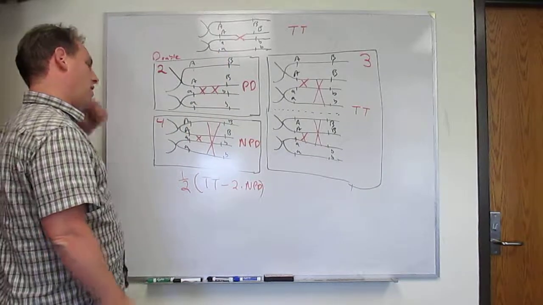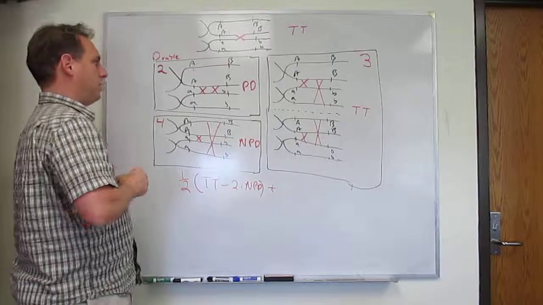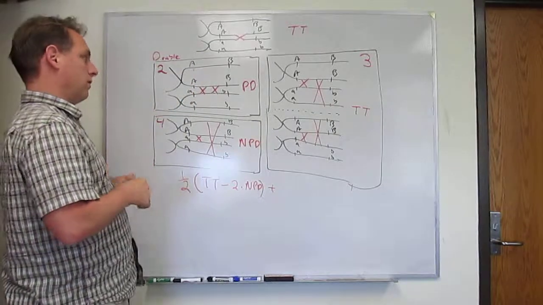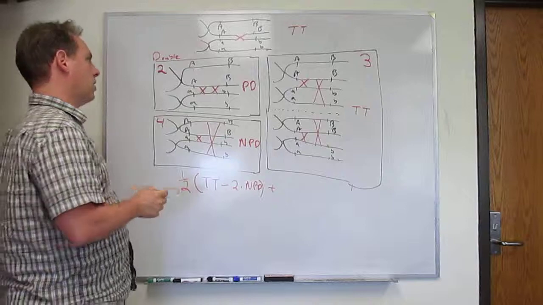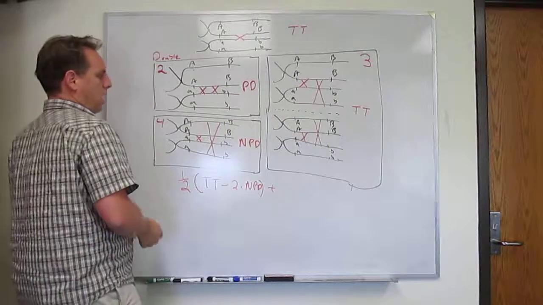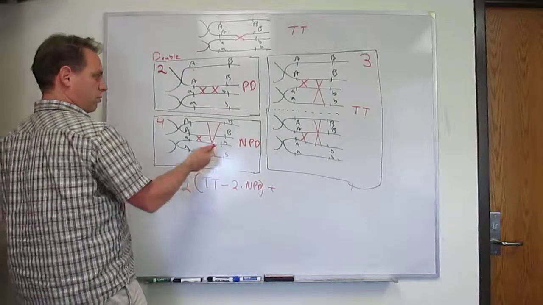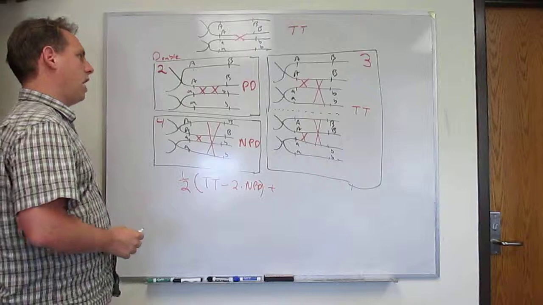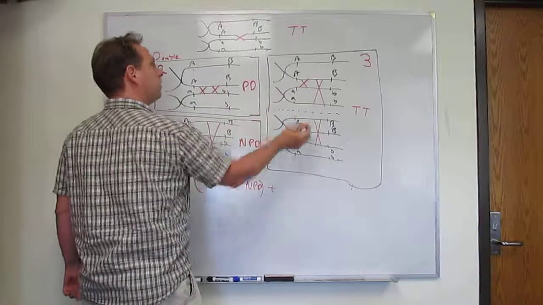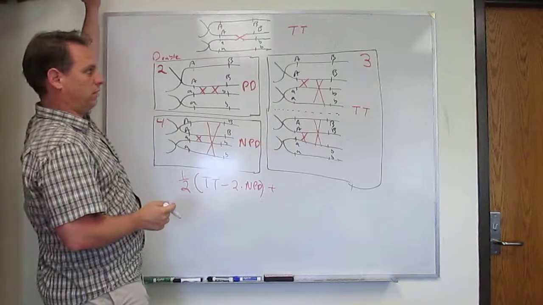Right? And then we can add up another class, which is basically all of the doubles. All right, and so you can see here that doubles arise this way, this way, this way, and this way, right? And there's a unique class of doubles, the four-strand doubles, which produce non-parental dye types. And you can estimate, because remember, there's also going to be a bunch of parental dye types that are not recombinant, right?